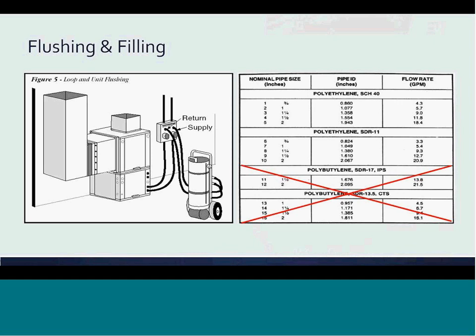We don't want any sand or pine needles or pipe shavings circulated through what will eventually be our closed loop system. This can cause problems not only for the heat pump coil, but the pumps, and any biological type material that's left in the closed loop system could decay and cause problems for the water quality.